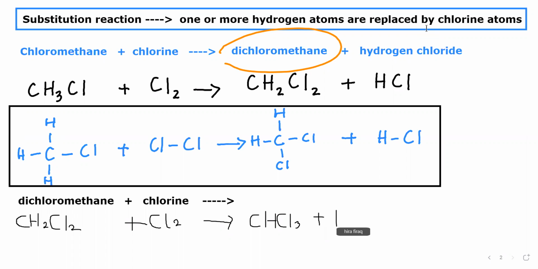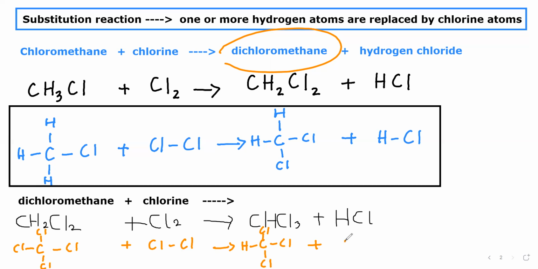So we have CHCl3, with 3 chlorines in the structure, and here HCl.